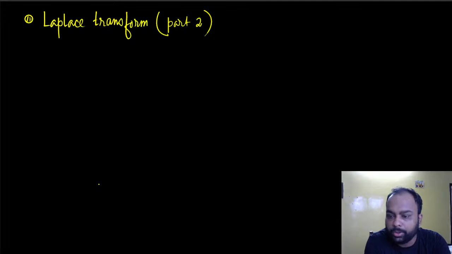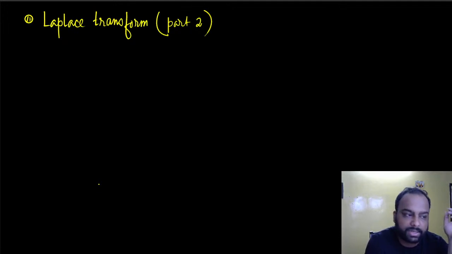So when we introduced Laplace transform, we introduced it as an extension, or rather a modification, of Fourier transform. This modification allowed us to calculate the so-called Fourier transform for functions for which usually the Fourier transform wouldn't exist.